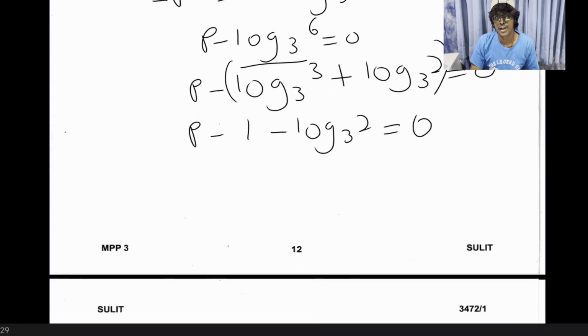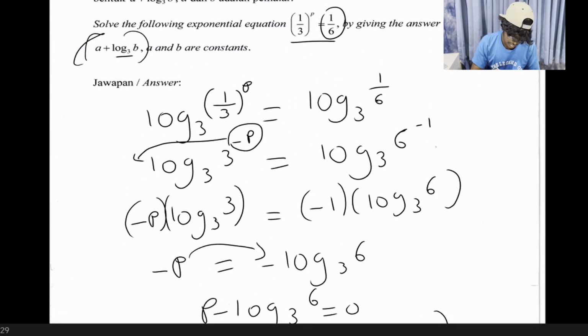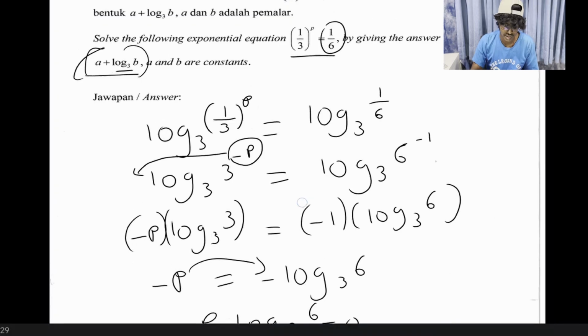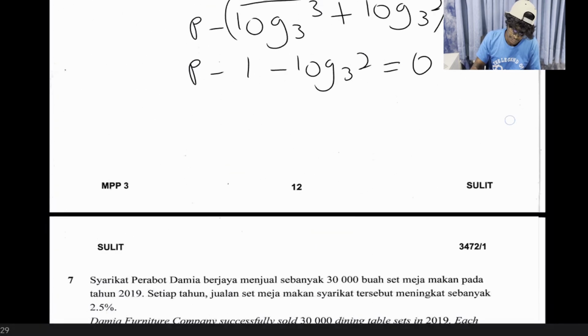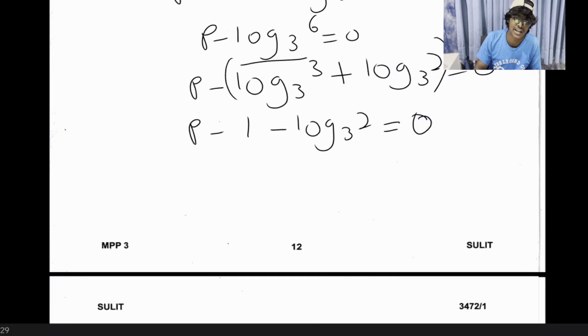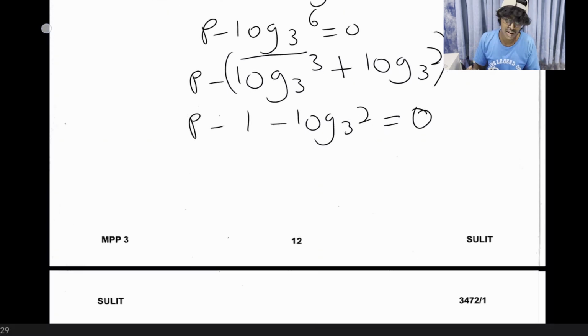So right now they ask here to give it in this form, and as we can see here, it's in a plus form. We can see that there is a 0 here, right? What we're going to do is make p alone, and by doing that we can achieve what the question is actually asking us to do, which is a bit tricky if you see it from the start, but if you really look at it, this is the only way it can make sense.